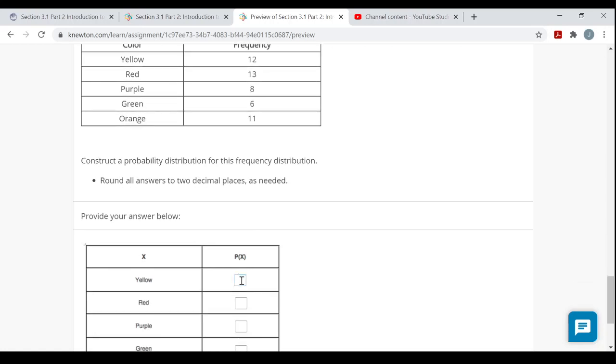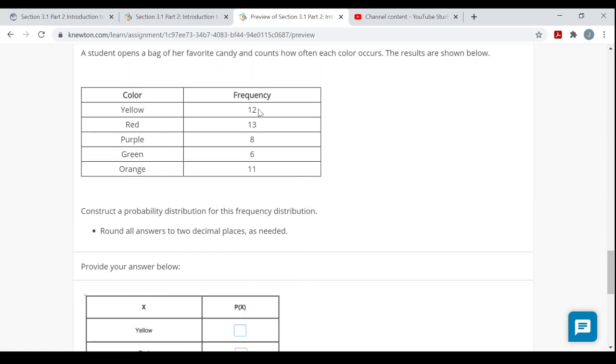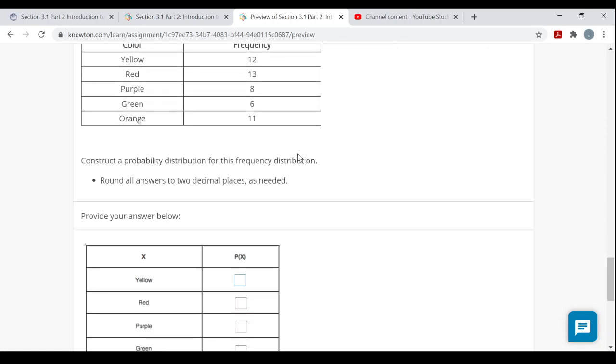So what's the probability of selecting a yellow candy from this bag? It's 12 out of the 50, which as a decimal would be 0.24. That's 12 out of 50. What's the probability of selecting a red candy? 13 out of 50, out of the total, or 0.26, 26%.